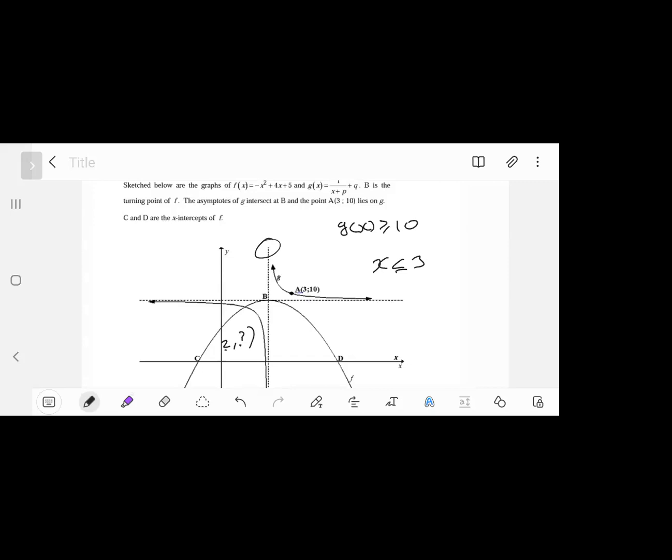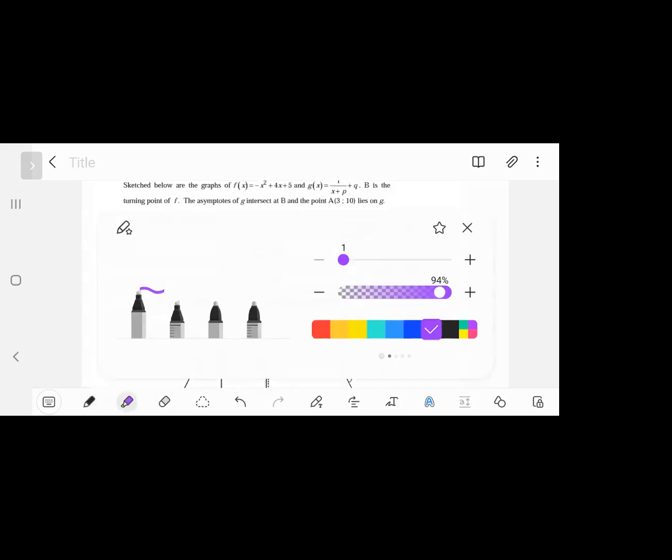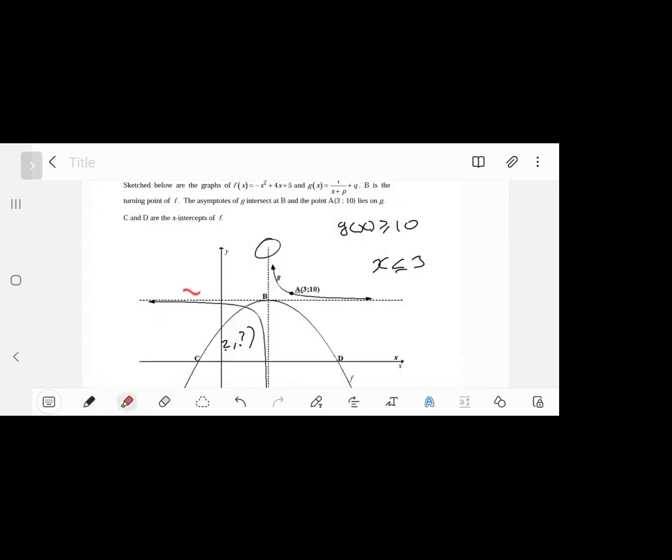Because the simple way to do this, let's create a red line. This is where y equals 10, or let's write it as g of x. Remember, f of x equals g of x equals h of x.